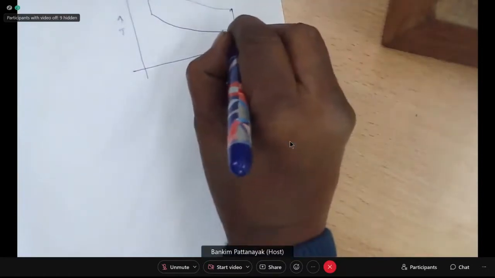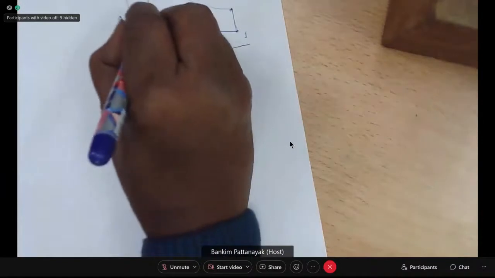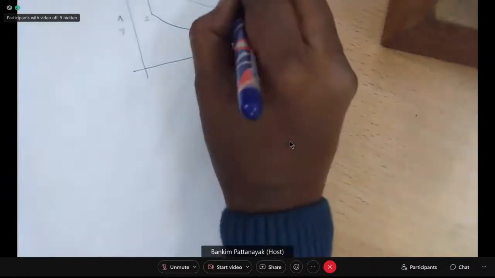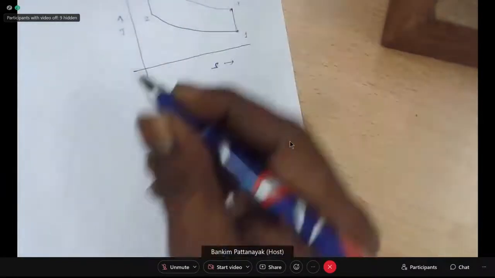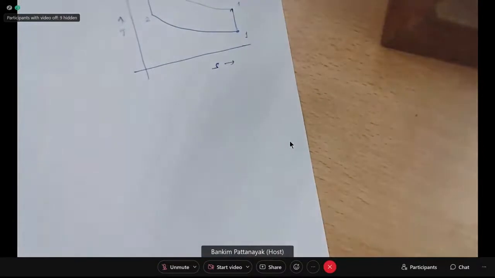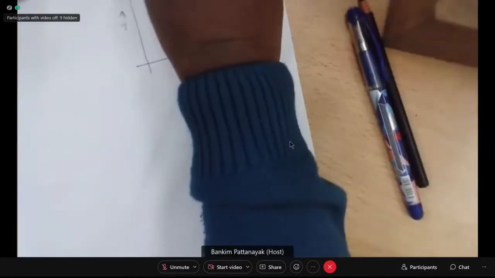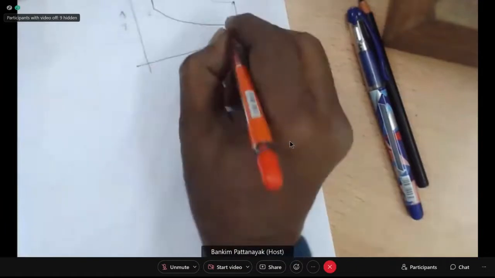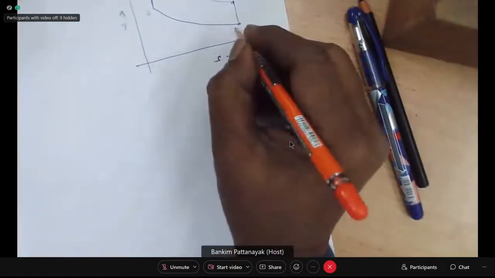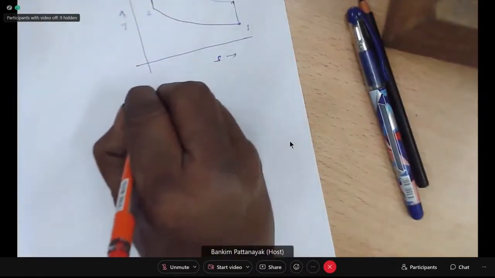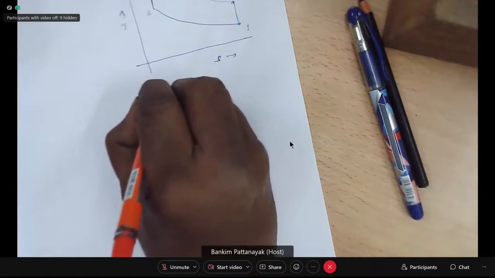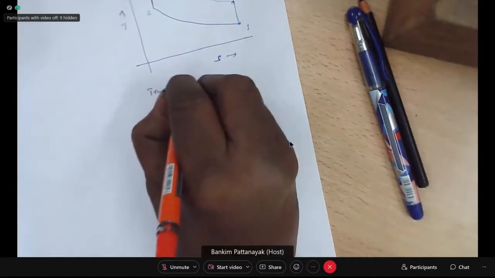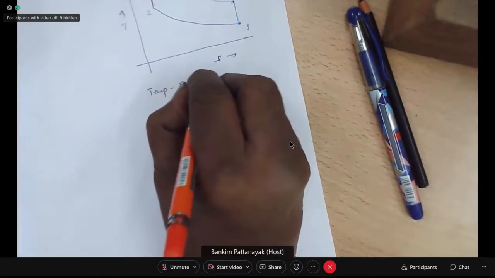Let us say this is 1, this is 2, this is 3, and this is 4. This is a temperature entropy diagram.